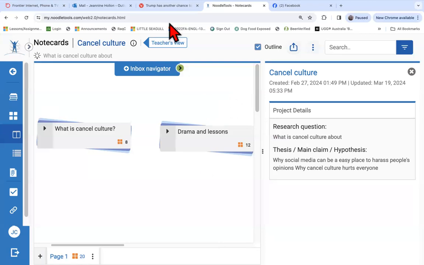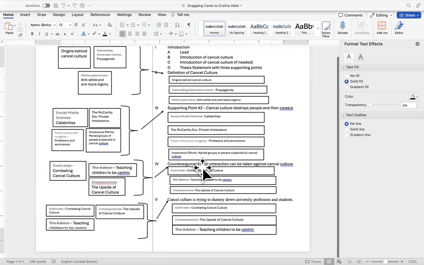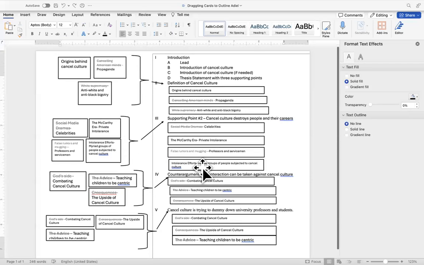So let me see if I can find how you're supposed to have it. Let me get a new share here. Okay, it should look like this.